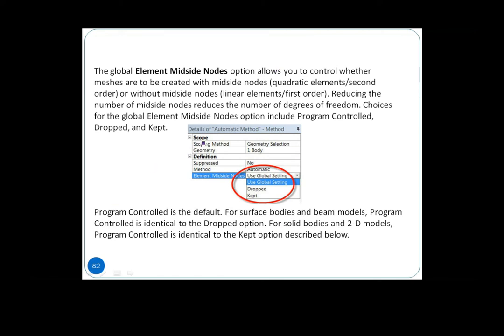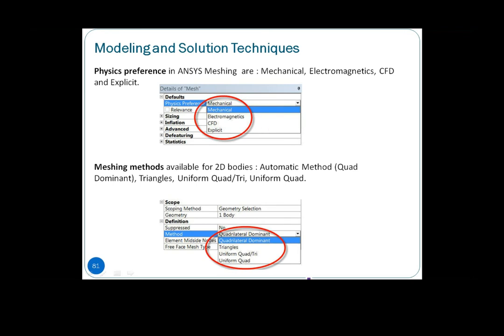You see the method that you have chosen. You have auto, of course; you can choose auto, quadrilateral dominant, triangular, uniform quad, or uniform quad/tri. So these are the types of meshing methods that you have if you are in a 2D analysis.